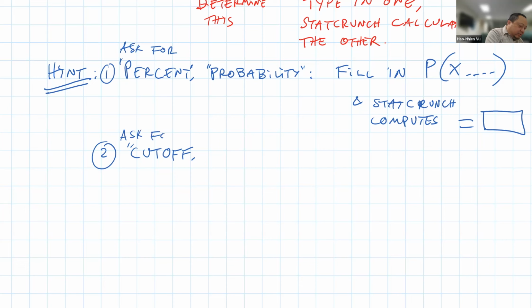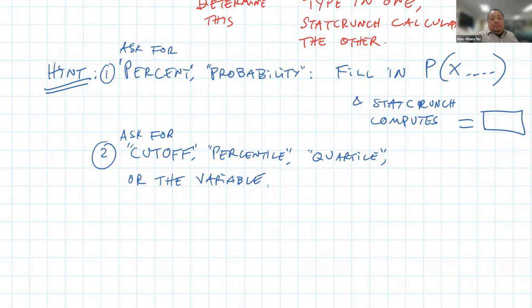Whereas if it's asking for a cutoff, percentile, quartile, or it verbally talks about the variable. So the part that we just did, part E, it didn't use the word cutoff, it didn't use the word percentile, it didn't use the word quartile, but it refers to the variable, it refers to the temperature, right?